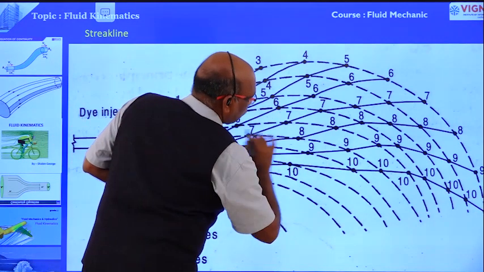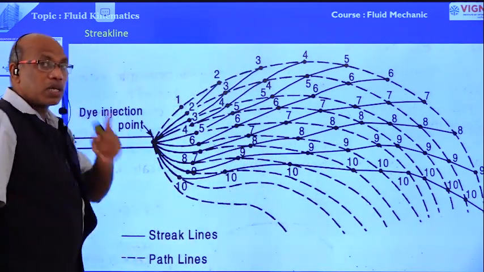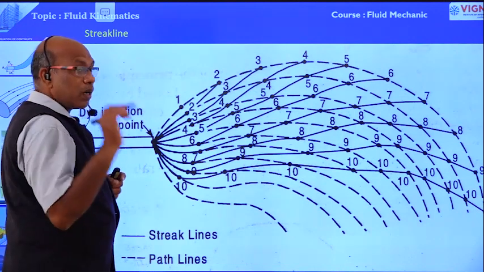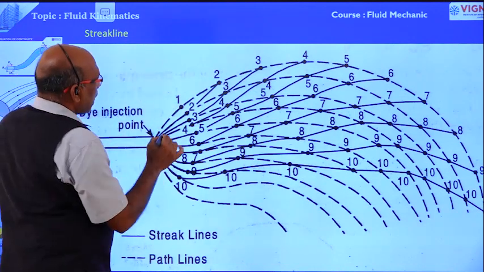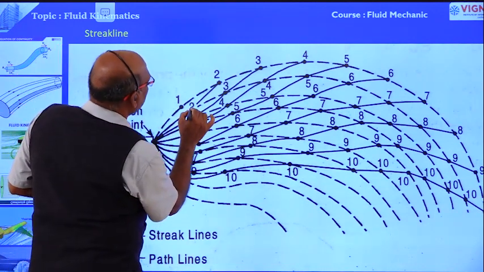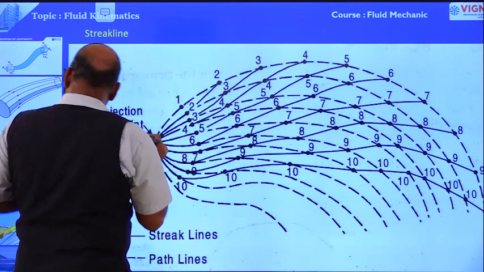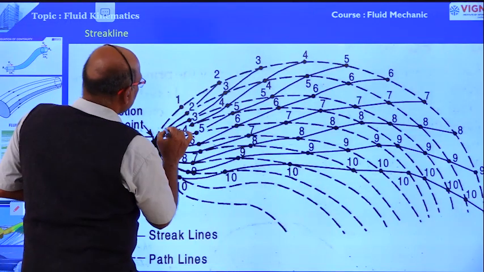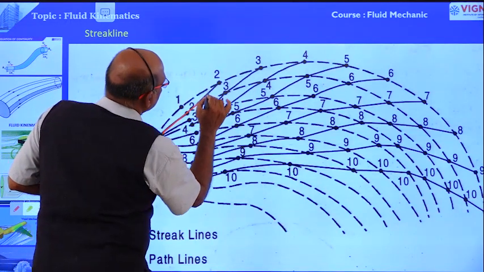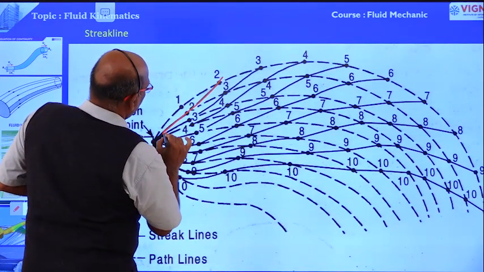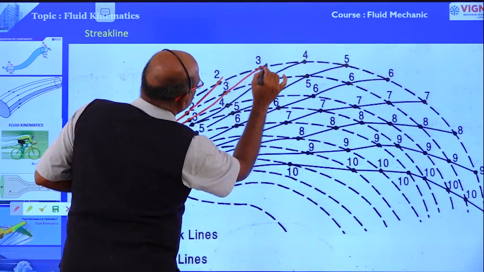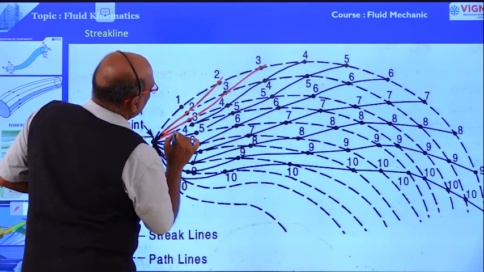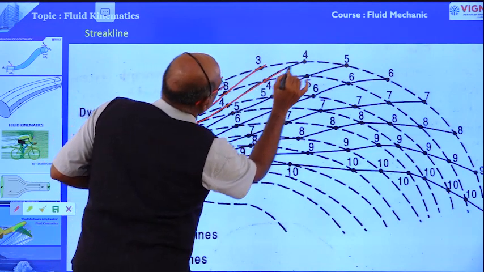These are different path lines, each of a single fluid particle. But a streak line is at a fixed point. Suppose this is point 2. The streak line should be joined or traced. This is a streak line, and this is a streak line.